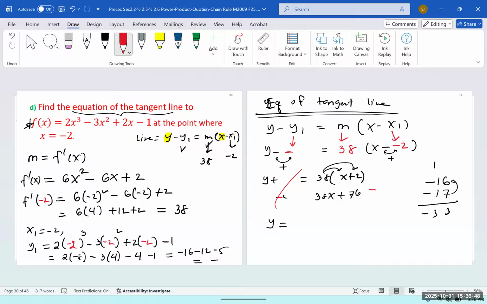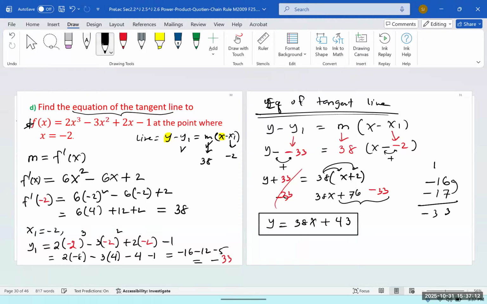So it's -33. So you're subtracting 33. So you have y equals 38x, and now plus 43. I feel like it's too big.